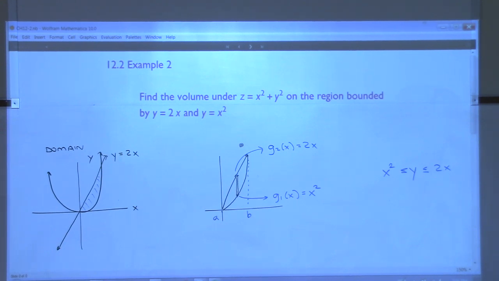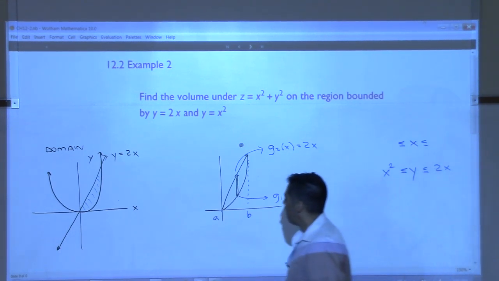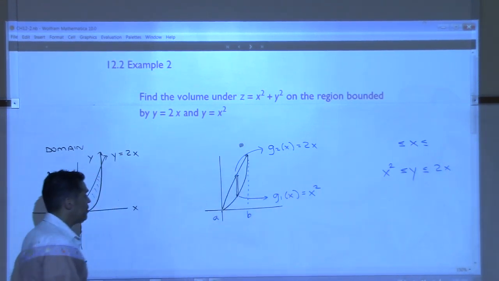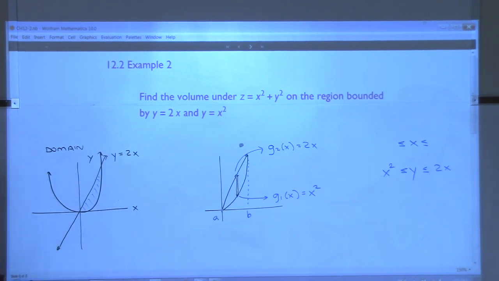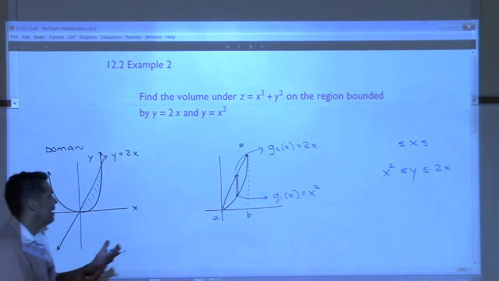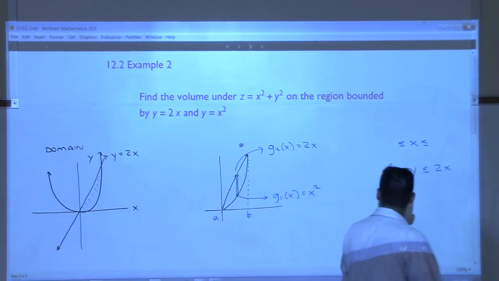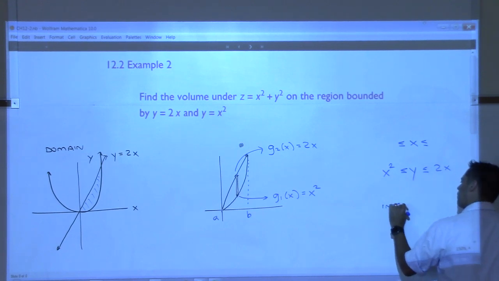The x bounds, right? So our bounds on x have to be between two constants, and we need to determine those. And we can do this either visually, like inspecting it, or we can do it by setting the two equations equal to one another, which is, I guess, the way I'll do it. So let me find the intersections.